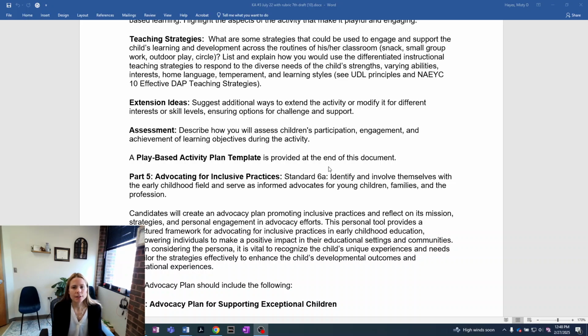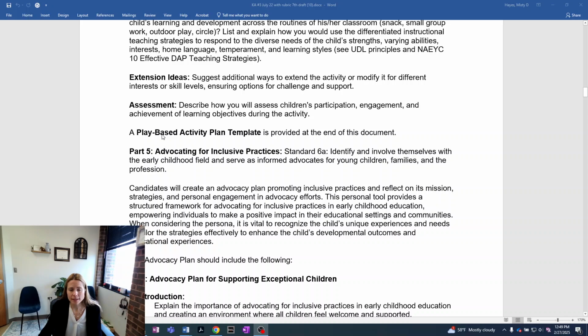So how could the activity be extended or modified for different interests or levels of skill? Ensuring that there are options both for support or scaffolding as well as for challenge. And as always with any activity, we have to assess. Describe how you're going to assess the child's participation, engagement, and achievement of these learning objectives to show that they've been met through this activity.